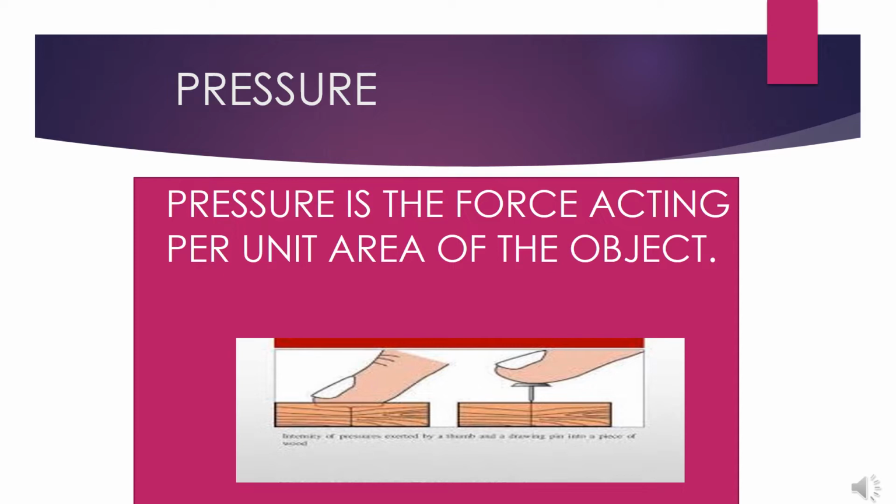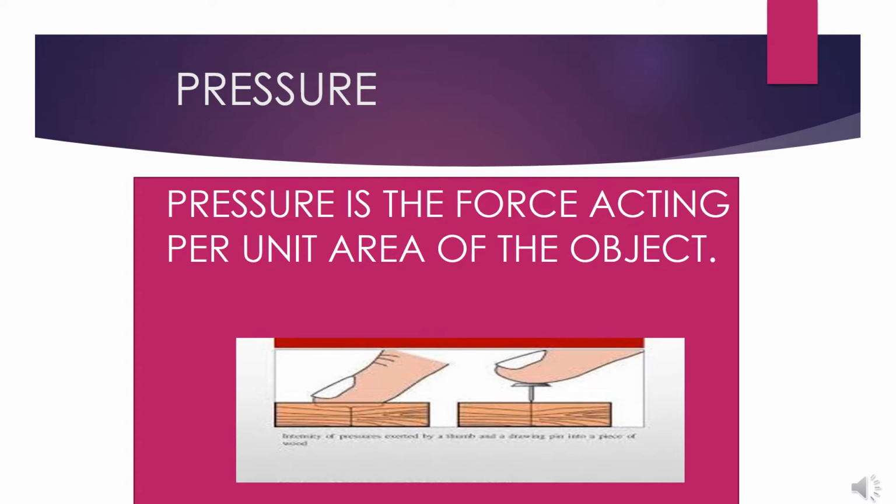So although the force applied on the wood is almost the same in both cases, the drawing pin has a much smaller area of contact as compared to our thumb. This means that in the case of the drawing pin, the area over which the force acts is smaller and therefore its effect on the wood is much greater. It goes into the wood, and this is because of a physical quantity called pressure.